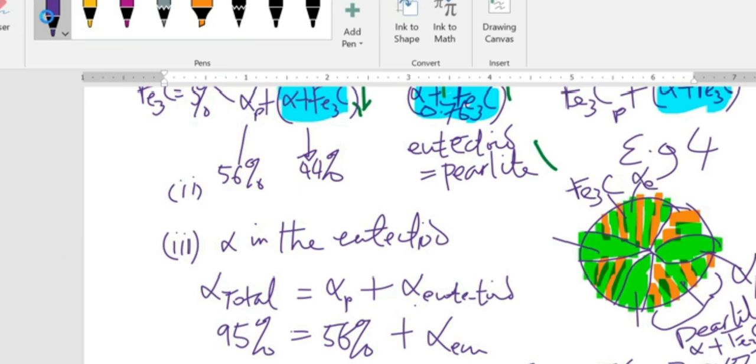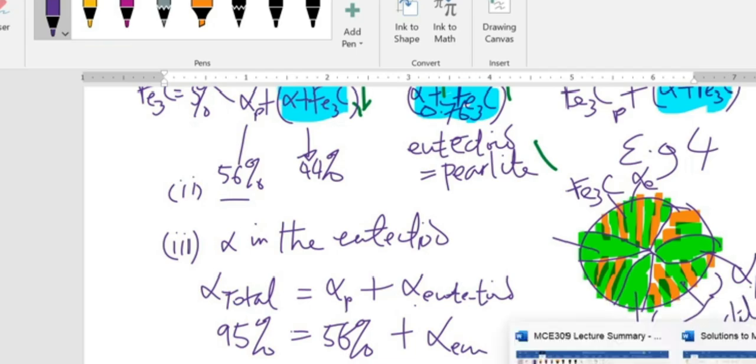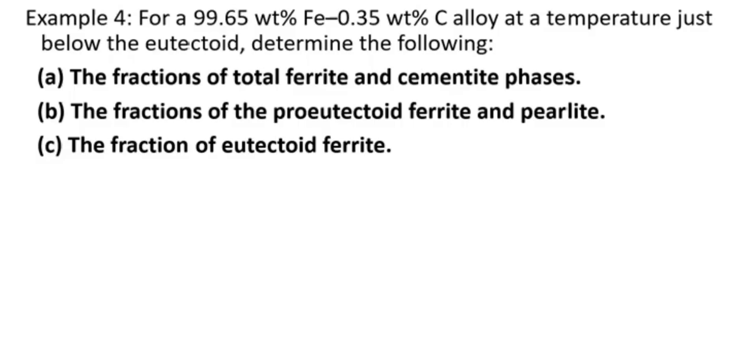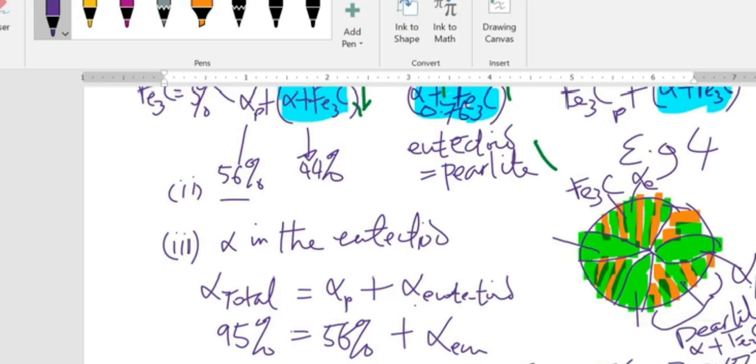So remember in our question 2, where we determined the perlite and the bigger ferrite. In the first question we determined the total percentage of the ferrite, which is 95%. In the second question we determine the other ferrite, which is the big one, the proeutectoid, which is 56%, right?